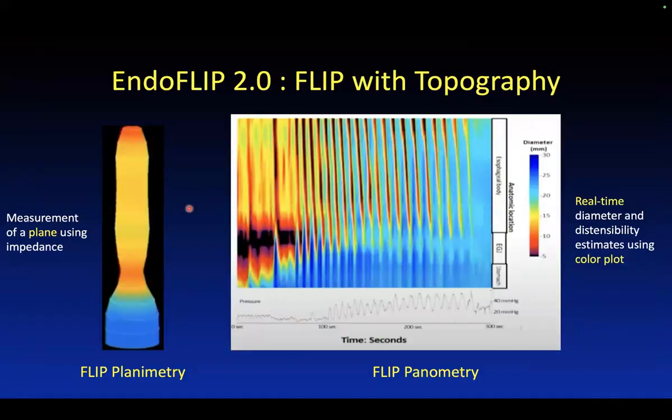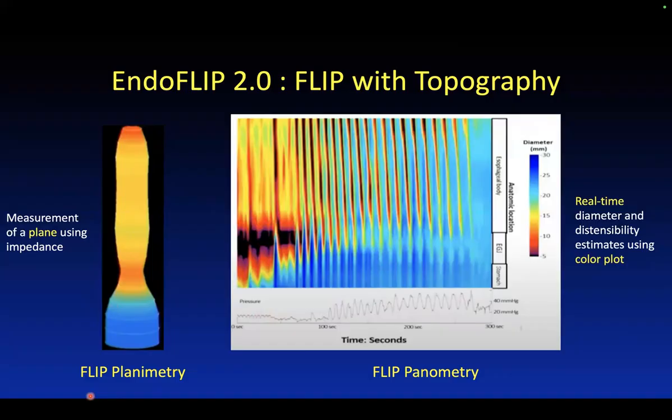Now, apart from the EGJ distensibility index, the previous versions of the FLIP, that is FLIP 1.0, could give us only basic information like the EGJ distensibility index, which was actually this cross-sectional area, which if you represented it in a 3D diagram, would appear something like this. And you see these beautiful 3D images when the esophagus is contracting, right? This was seen on the FLIP 1.0, and this is called FLIP planimetry.